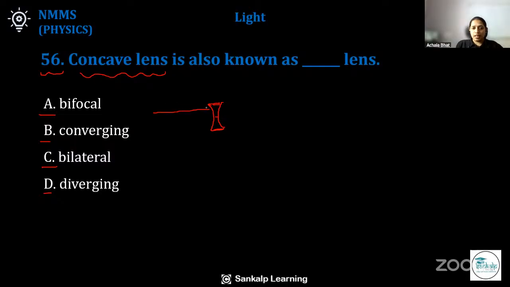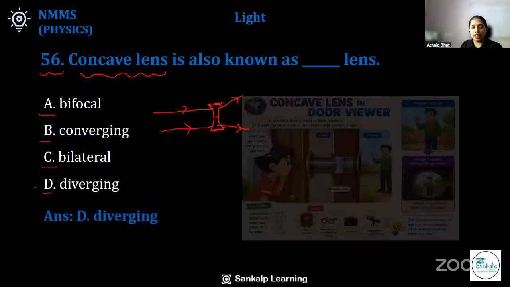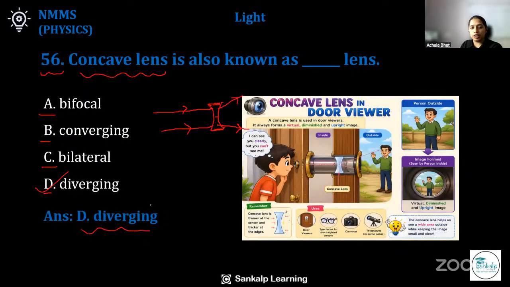When light rays fall on this concave lens, what happens? Light rays are refracted and they are diverging, not converging. So the correct option is option D, diverging.